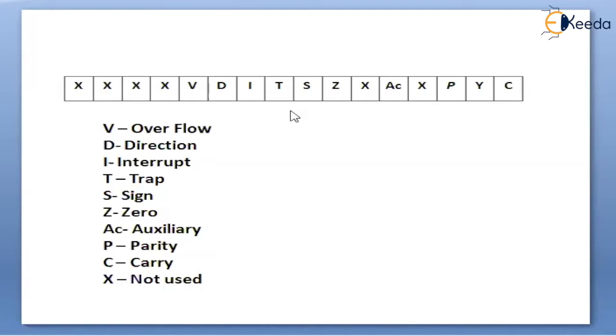Why? We understood so far that a program is a set of instructions. In order to execute a program, each and every instruction must be executed by the CPU.